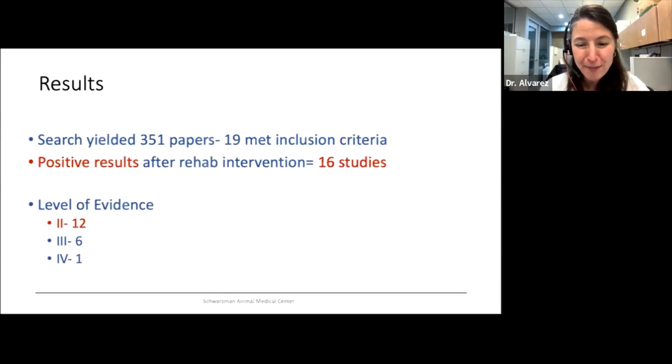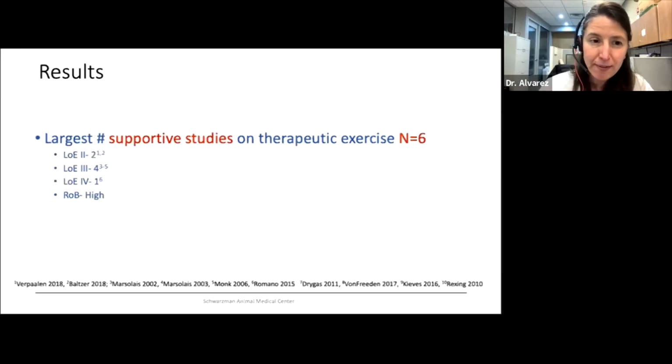We have a very high level of evidence demonstrating that rehab interventions do help dogs recovering from postoperative cruciate ligament surgery. They do have improvement with the rehab interventions. Majority of those papers were a level 2 evidence. So that's higher in the pyramid, 12 of those papers, with 6 papers at class 3 level of evidence and 1 at class 4 level of evidence.